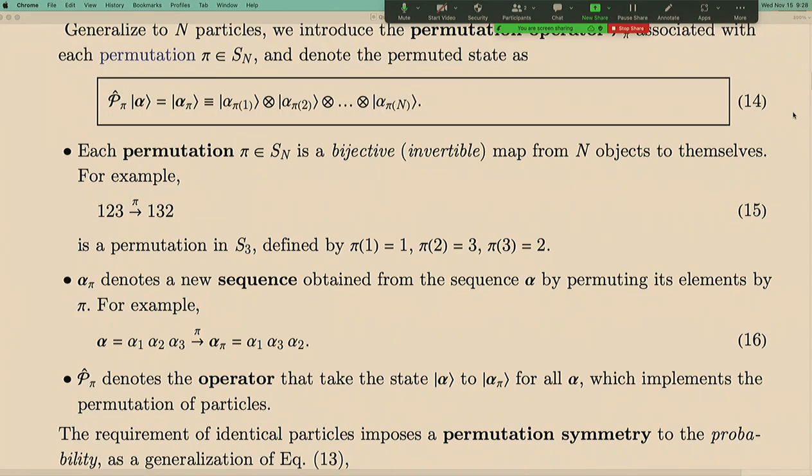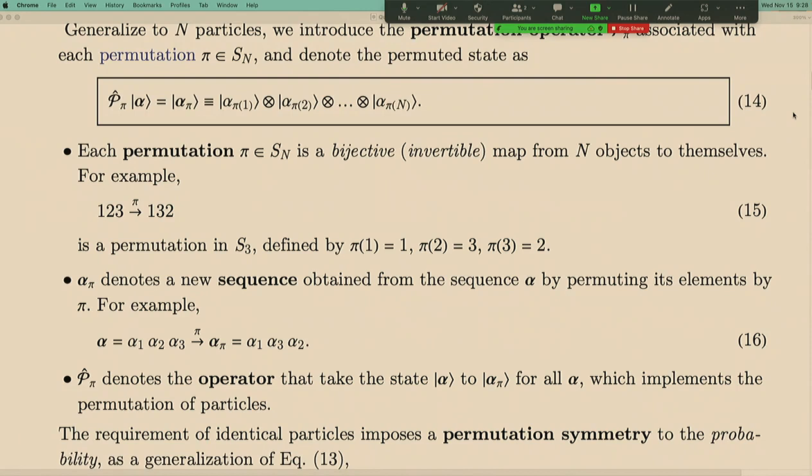The permutation operator in this sense is easy to understand: it is specified by a permutation, which is described by this mapping pi. Pi is the mapping that specifies the permutation. The permutation operator, as an operator in quantum mechanics, must act on a basis state and give you another basis state. What it does is act on the alpha state and give you alpha pi.